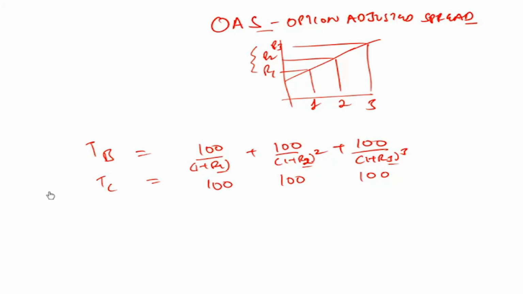So please note, the price of the corporate bond will be lesser than the price of a similar treasury bond because there is credit risk, and hence you would need to discount the corporate bond by a slightly higher rate, and that difference is referred to as the Z spread or the zero volatility spread.